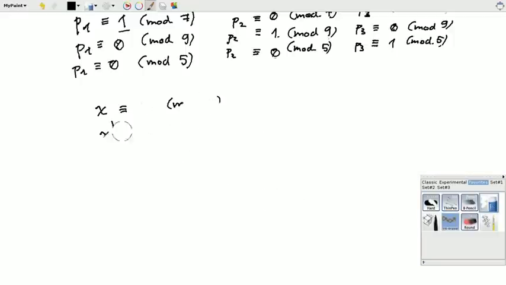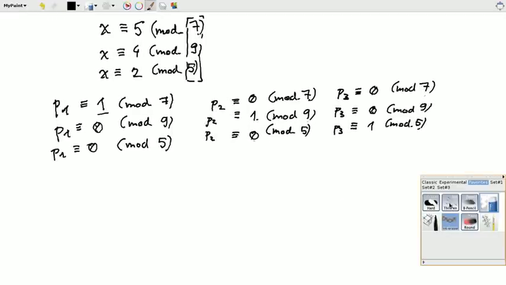Okay. Well, so as I said before, if we take 5 times P1 plus 4 times P2 plus 2 times P3, we find some number that has all the properties we seek.